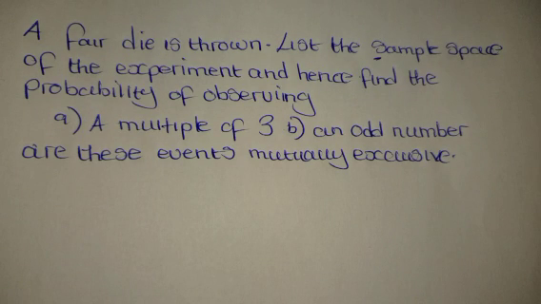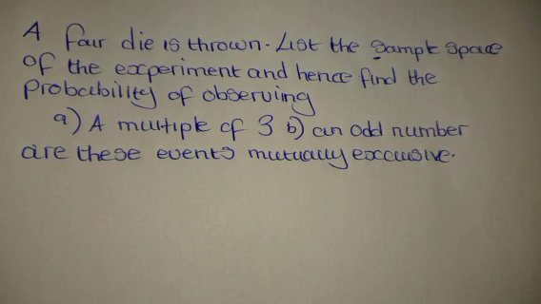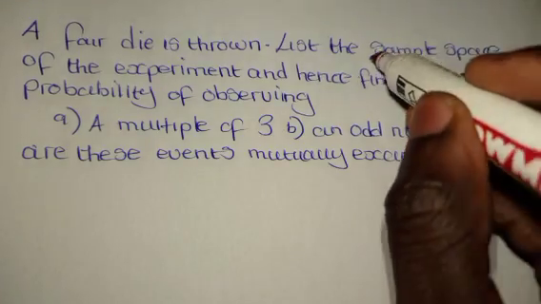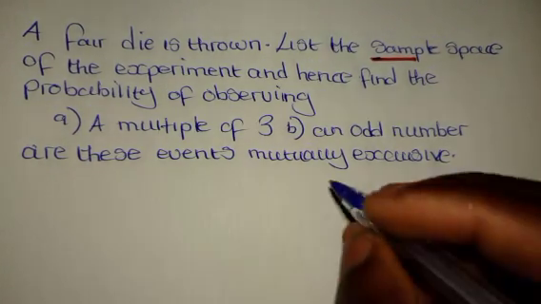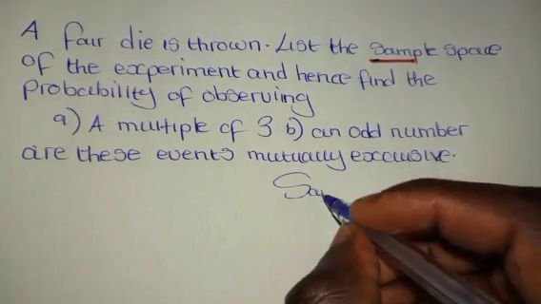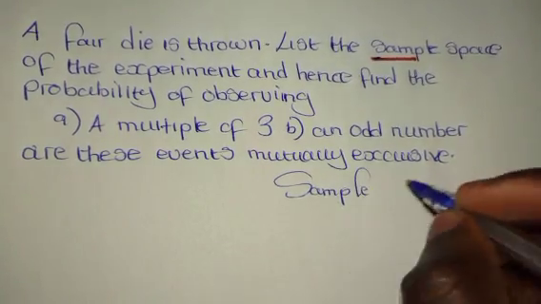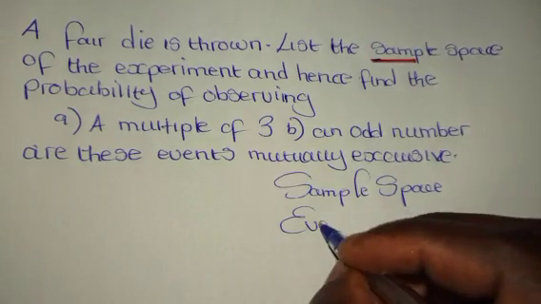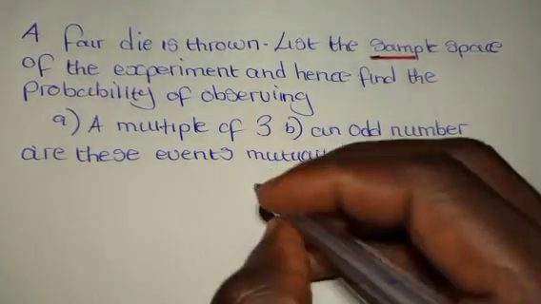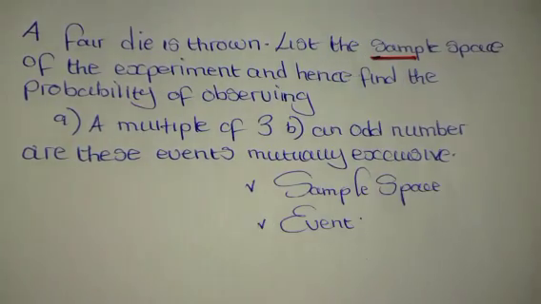So when you are given a sample space, we need to understand what this sample space means. You have key terms when you are dealing with probability. You have what is referred to as a sample space and what is referred to as an event. For now, we will just look at these two keywords.